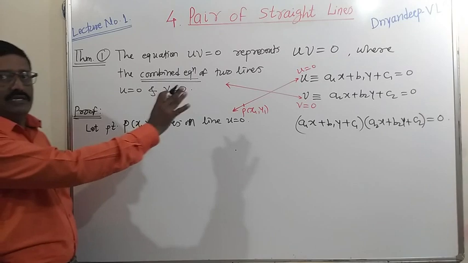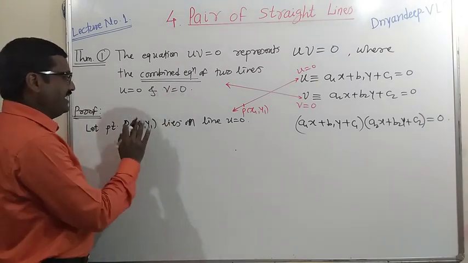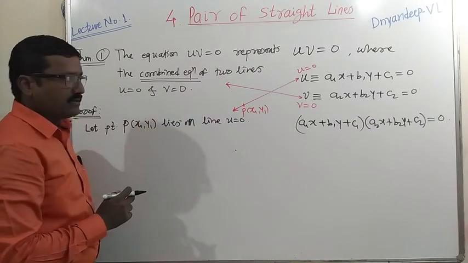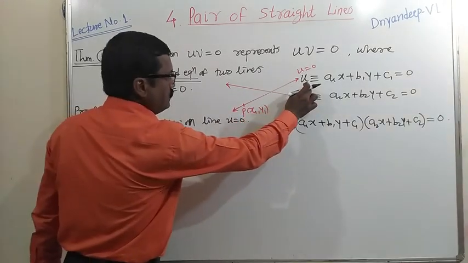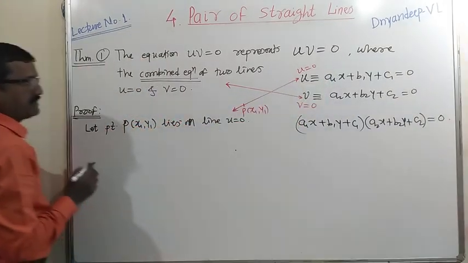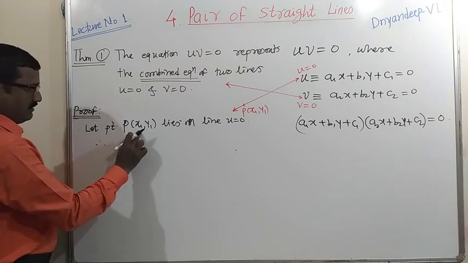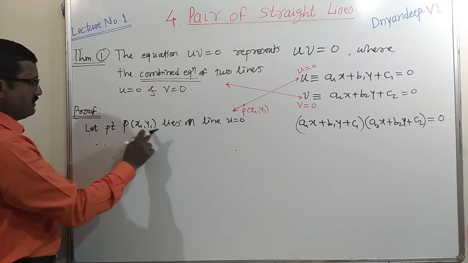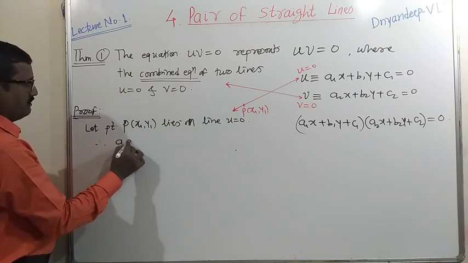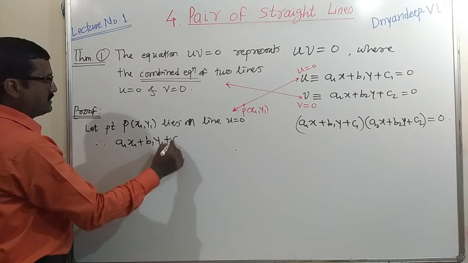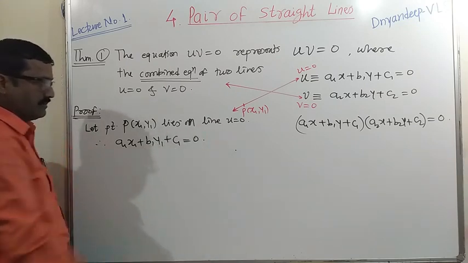Whenever a point lies on a line, what is happening? The coordinates of the point satisfy the equation of the line. What is the equation of the line? u equal to 0 means a1x plus b1y plus c1 equal to 0. Therefore we replace x, y by x1, y1. So we get a1x1 plus b1y1 plus c1 equal to 0.